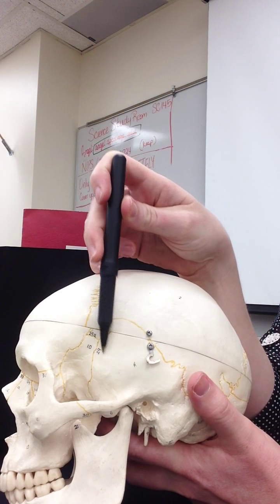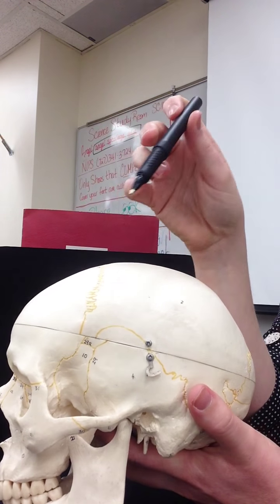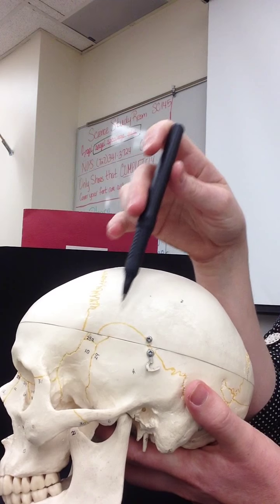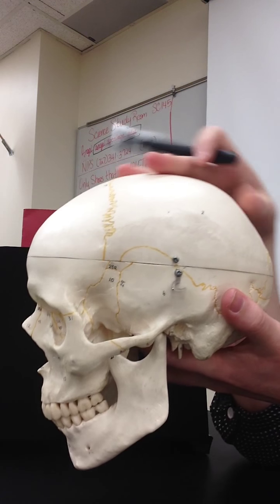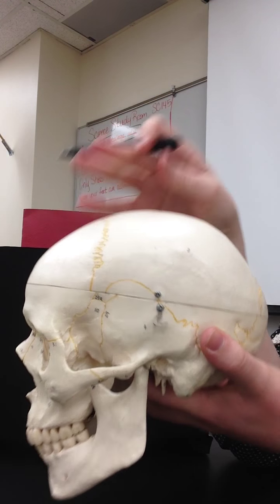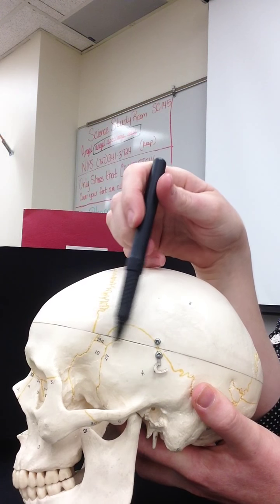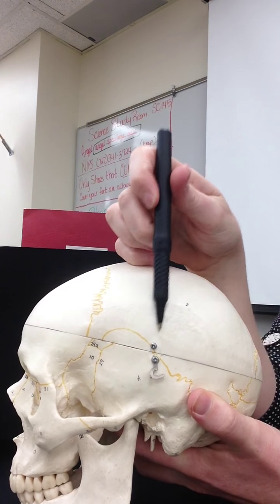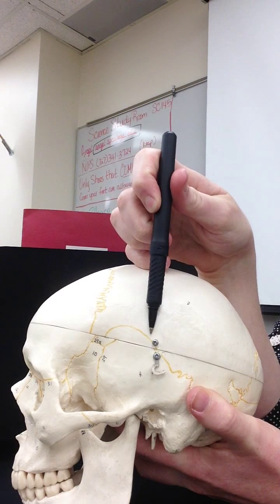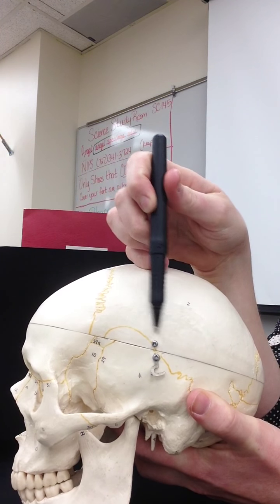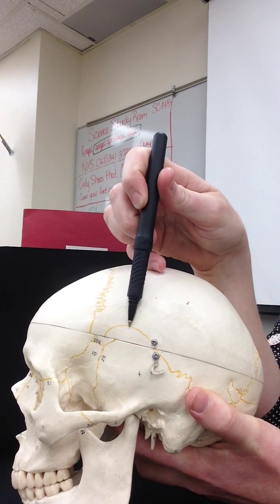This is because the temporal bone has a flat appearance to it, whereas most of the other bones are dome-shaped. They call it squamous because squamous means flat, and therefore this is your squamosal or squamous suture.